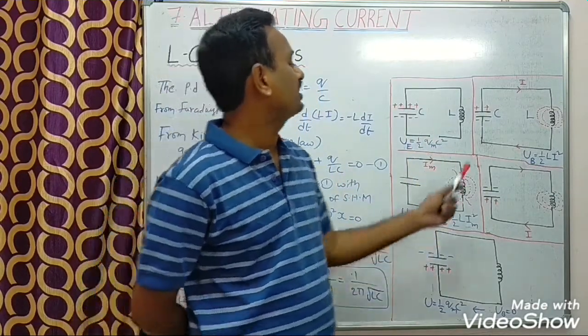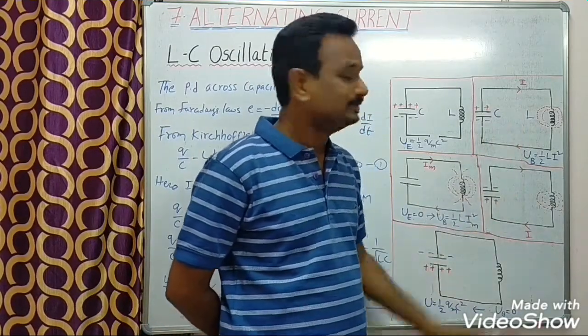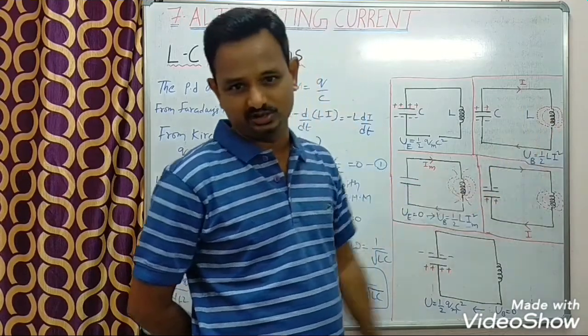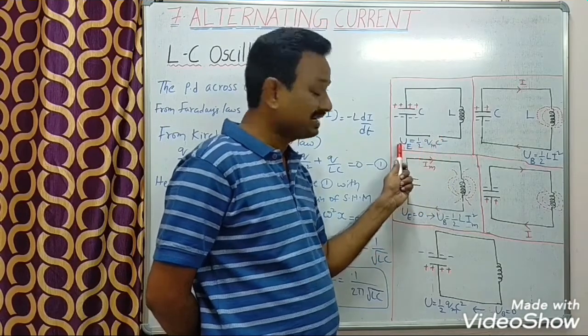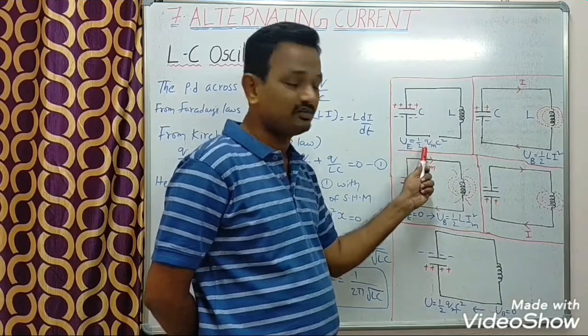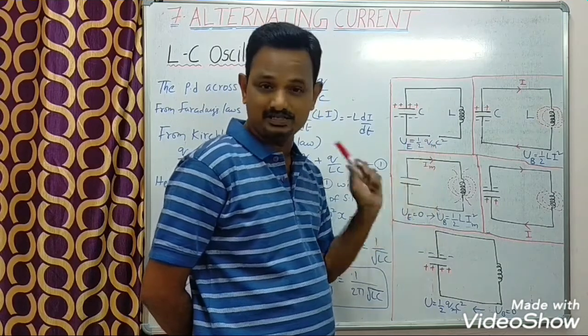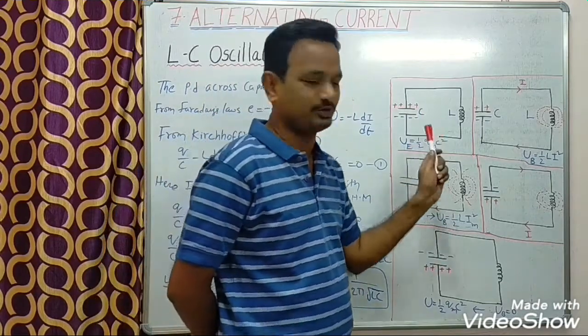In the second diagram, I connected the capacitor with the inductor in a closed circuit. In the first diagram it is an open circuit. So the energy stored in the capacitor is half into Qm squared by C, where Qm means the maximum charge stored in the capacitor when it is in open circuit.